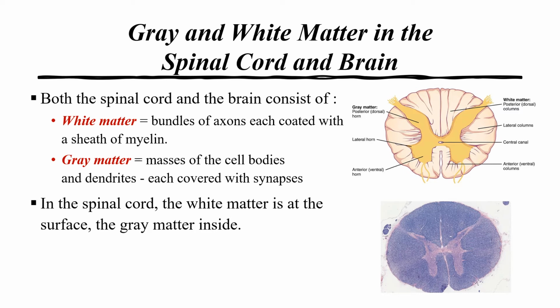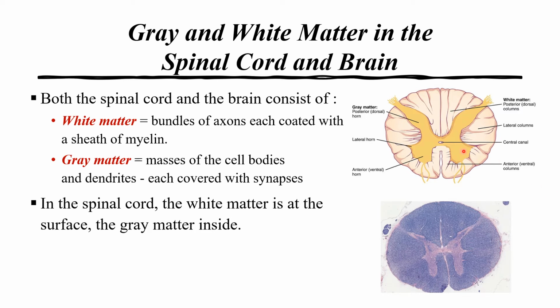So, next, we have the gray and the white matter in the spinal cord and the brain. Both the spinal cord and the brain consist of the white matter, which includes bundles of axons coated with a sheath of myelin. And then we have the gray matter, or the masses of the cell bodies and dendrites, each covered with synapses.